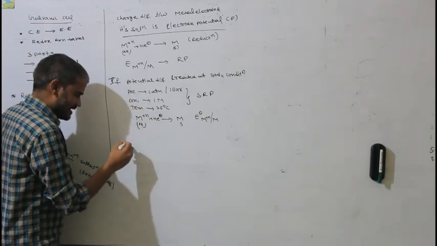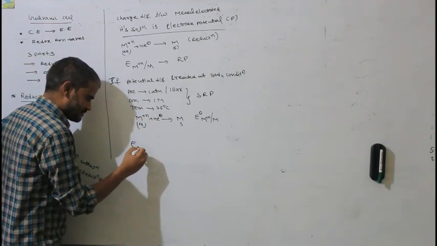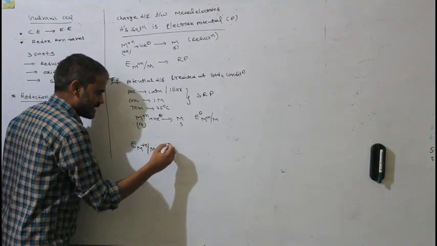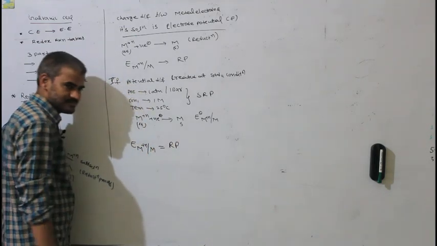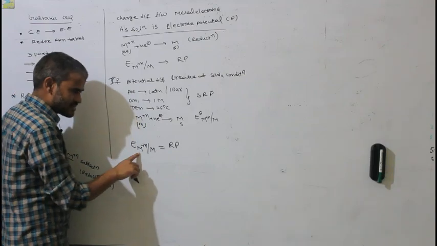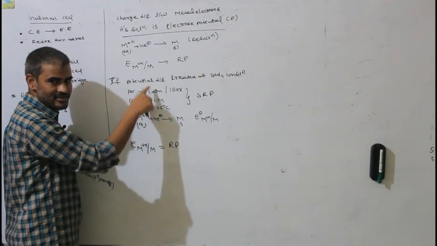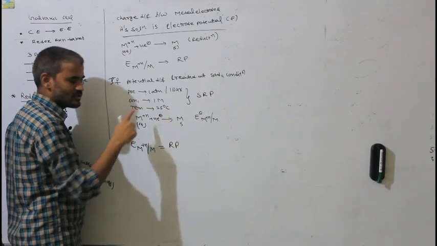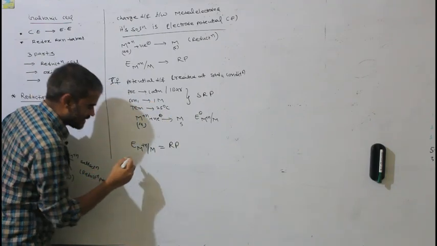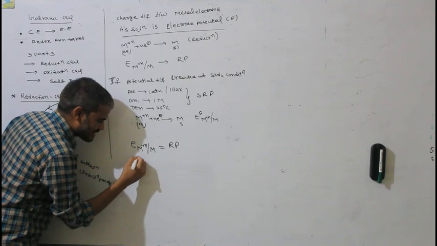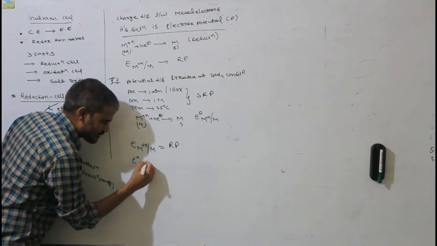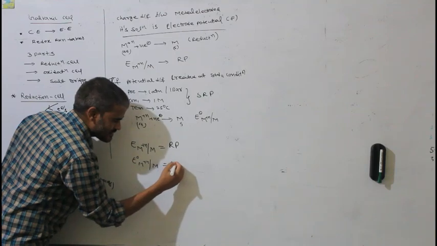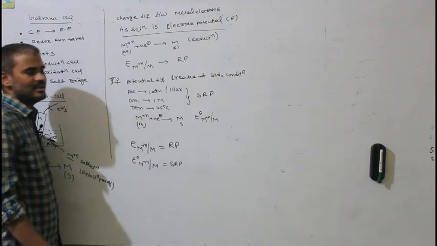Simple difference: if M^n+ becoming M happens at any concentration, it is called reduction potential. If this reduction process is happening at standard condition, at 1 atmosphere pressure, 1 molar concentration and 25 degrees Celsius, that will be called standard reduction potential, denoted with E naught. This is called SRP.